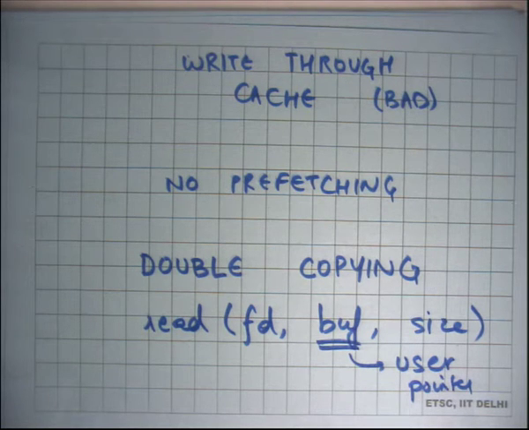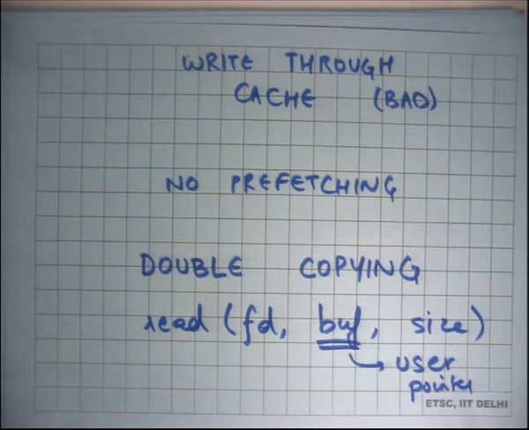Is that a big problem? Well, for something like a magnetic disk, it's not a problem because the disk access itself is the bigger bottleneck. The memory copying is not that big a bottleneck. But let's say you were running on a very fast network device. Then these kinds of double copying costs actually do become bottlenecks.